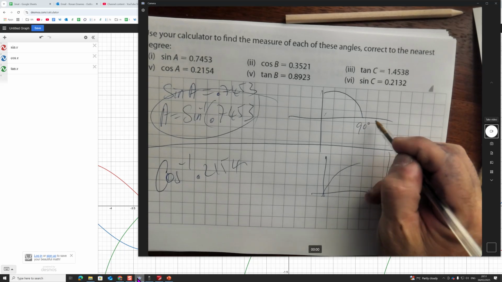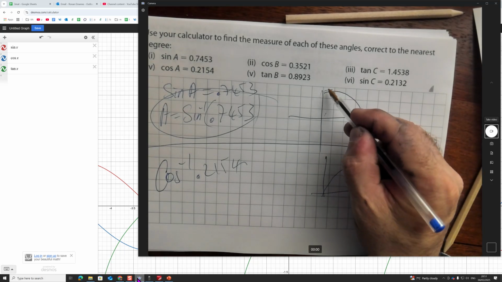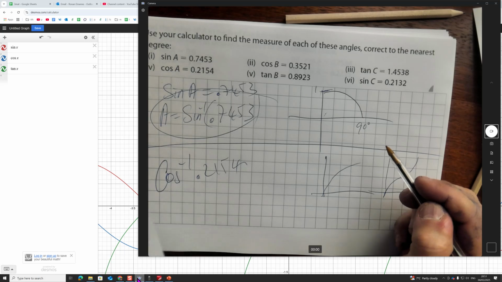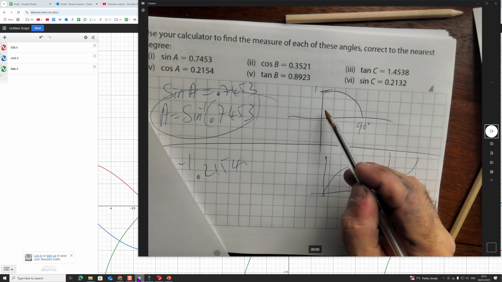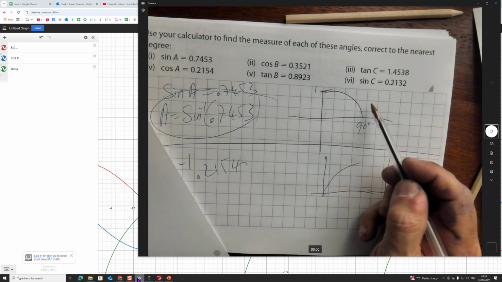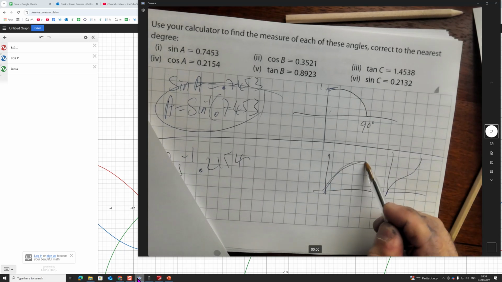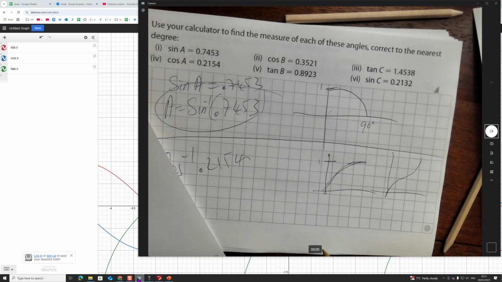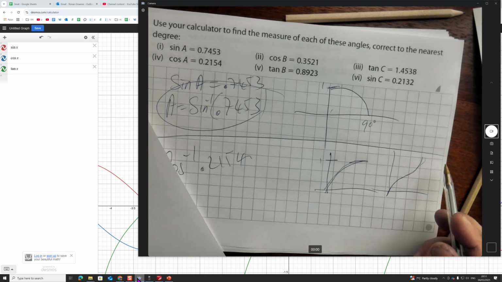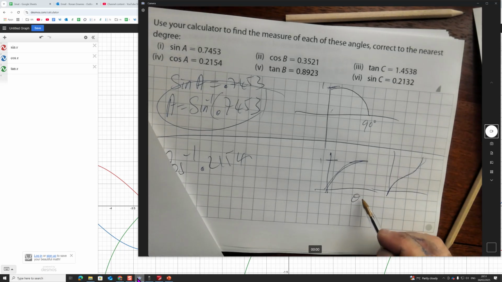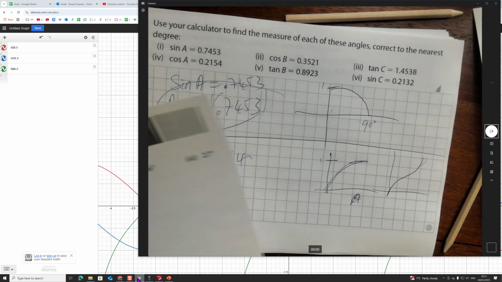Okay, so this is 90 degrees, and this is 1. And you can say, hold on, you can't get the cos of naught. Well, not with a right angle triangle, but in the limit it does. And this comes up and it levels out at 1. Okay, and tan goes on forever this way with degrees here or angle A here.